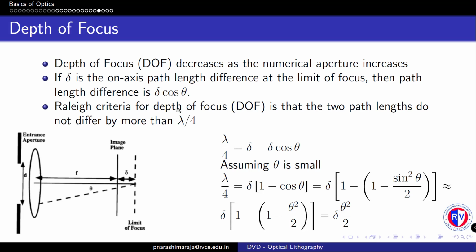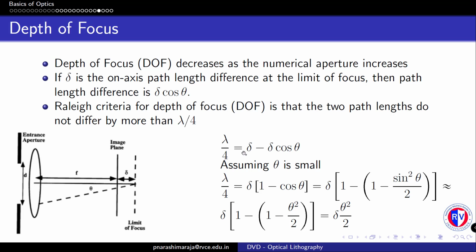So we will try to extract the depth of focus based on this Rayleigh criterion as shown. This lambda by 4 at a bare minimum is supposed to be equal to the path difference between these two paths. One of the paths is given by del, the other path is given by del times cos theta. Here theta is the angle between the center of the lens and the edge of the lens.